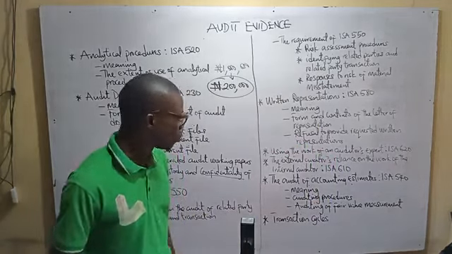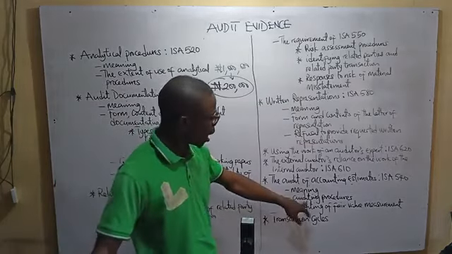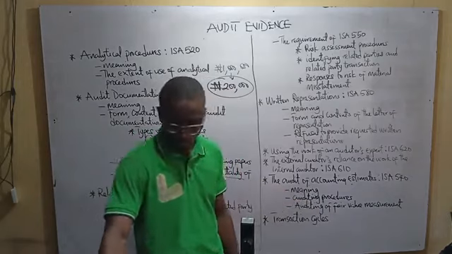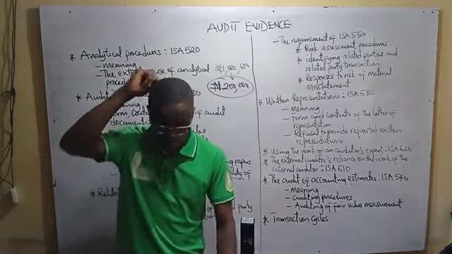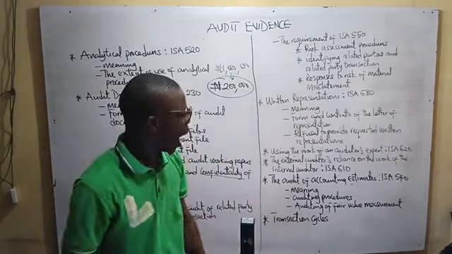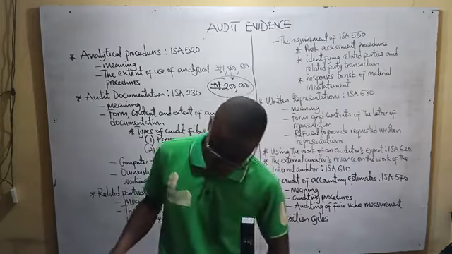Now we have talked about the meaning of accounting estimate. Let's go to the auditing procedure. If an auditor wants to carry out audit procedures for accounting estimates, what are the procedures that he must follow?